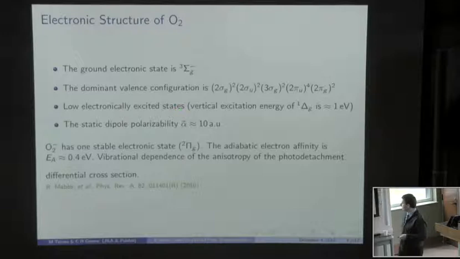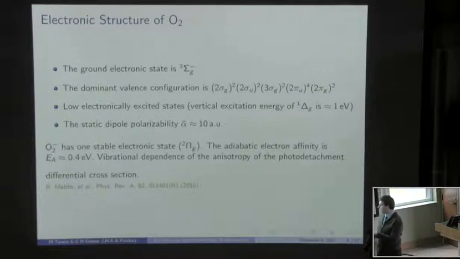The mean polarizability is 10 atomic units, and O2 can capture an electron and create a bound state O2 minus with this electron affinity. And this bound state is predominated by the electron correlation, or it's entirely the correlation energy.